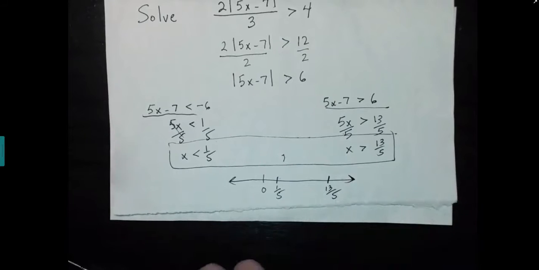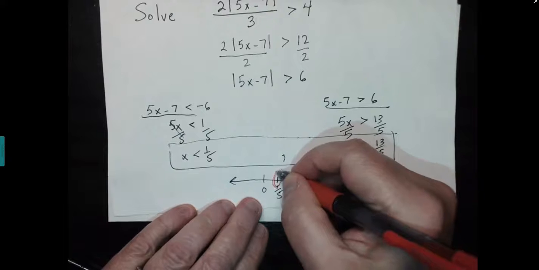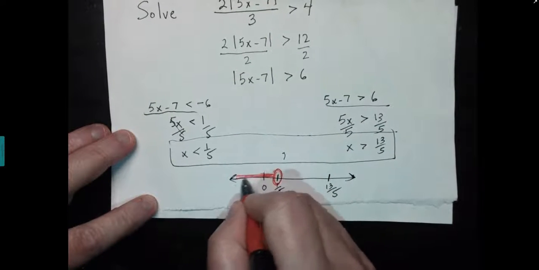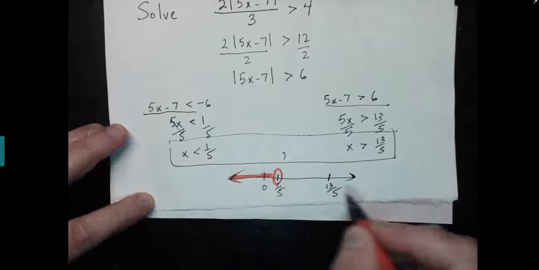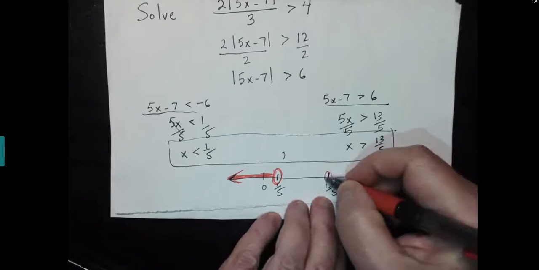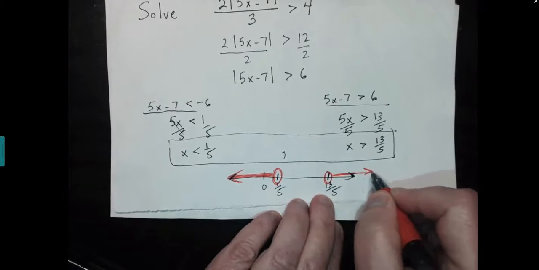Now here we want x strictly less than 1/5, so I do not include 1/5, but I want everything to the left of 1/5.